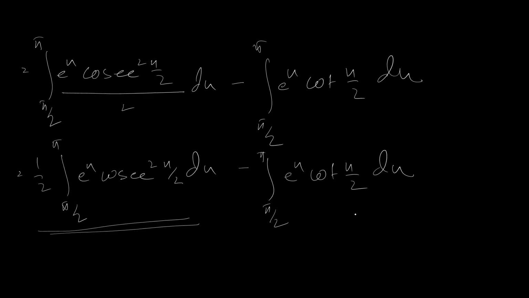This integration will be done by integration by parts. Let me show it separately. Remember, I will keep this left part the same and do the integration of only this right side. So let's do the integration separately: the integration from pi by 2 to pi of e to the power x cot x by 2 dx.